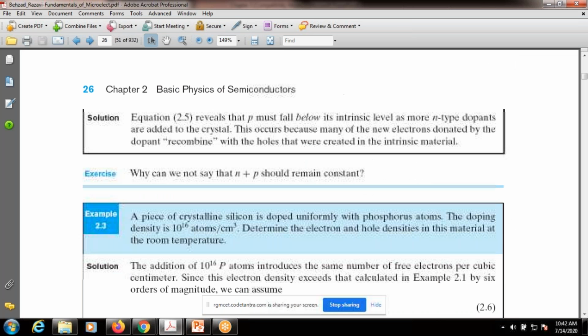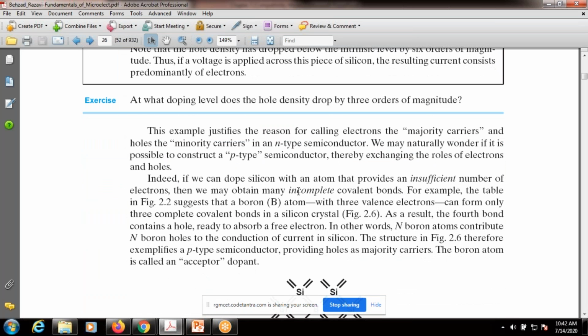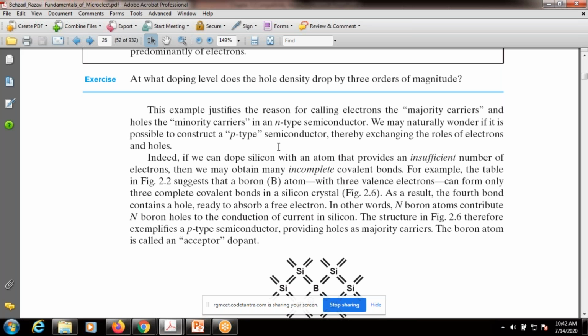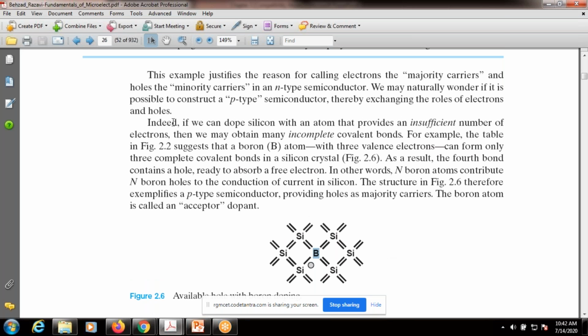Okay, similarly, suppose we form a p-type. We can easily construct a p-type semiconductor also. What is the p-type semiconductor? We introduce boron. Observe here B indicates boron, right? Now observe the second line.